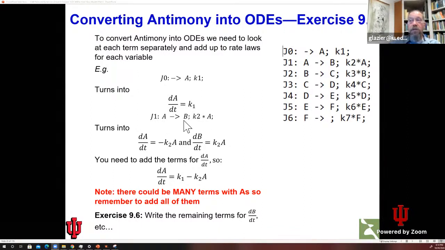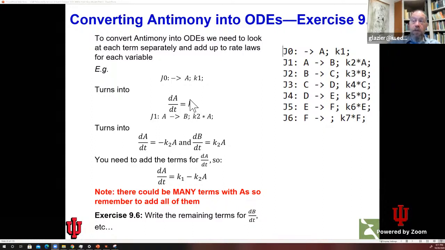J1, A goes to B at a rate K2 times A. A is on the left, which means dA by dt is equal to minus K2A. And this gives me also a term for B, dB by dt equals plus K2A because B is on the right.